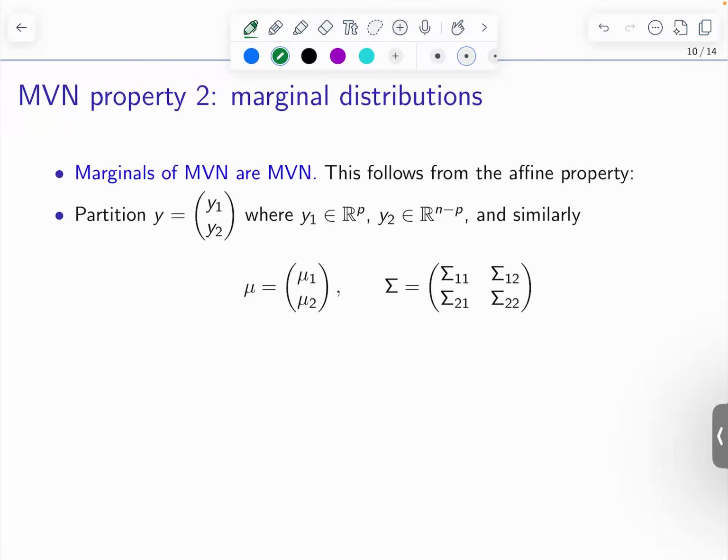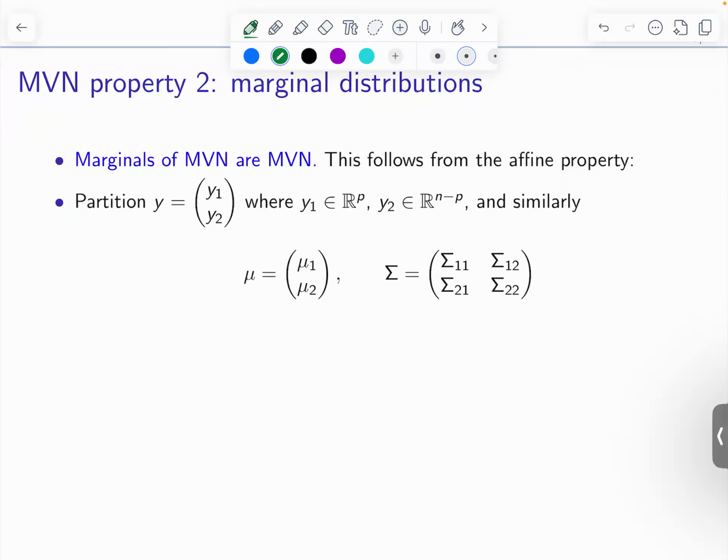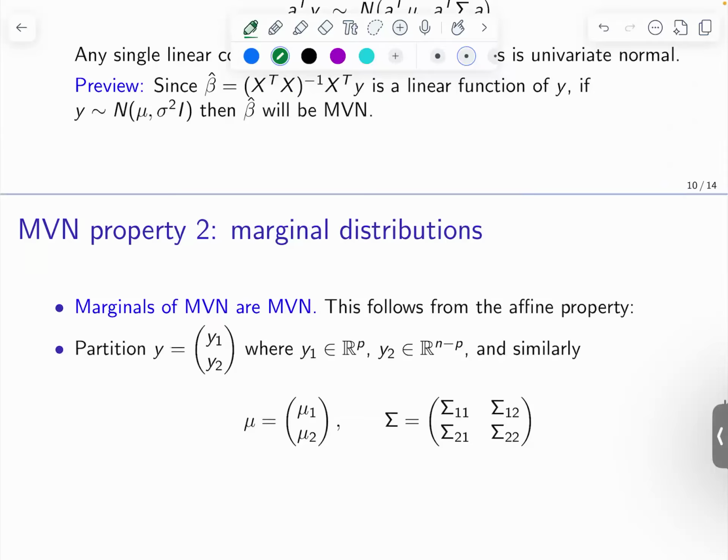For example, you have a vector z, which is z1, z2 up to zn.